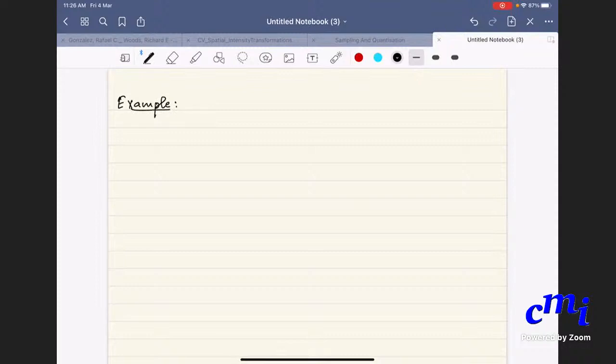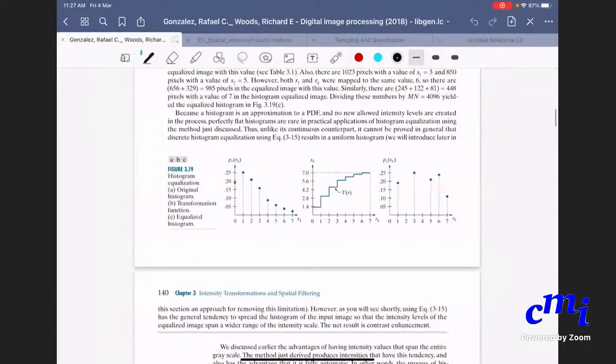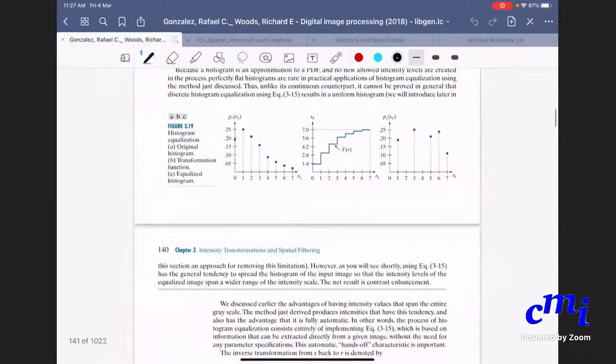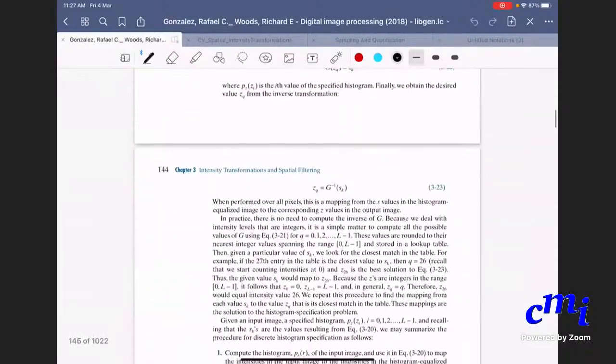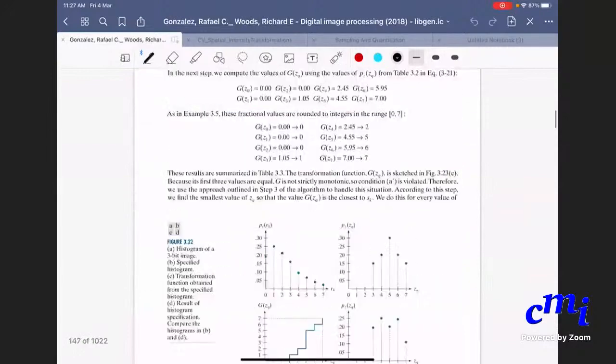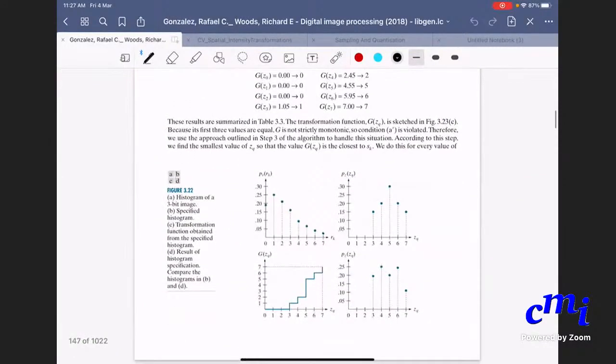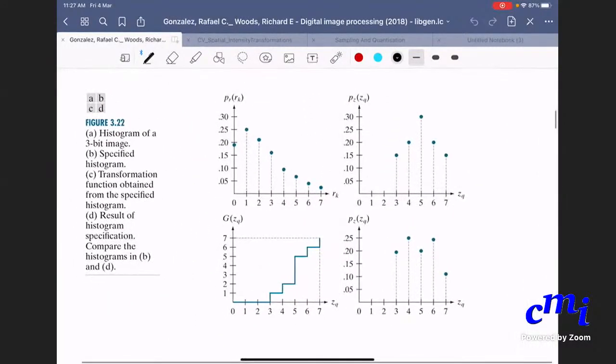For this, I will pick up an example from the text. This is on page 145. So this is the example that we are looking at.